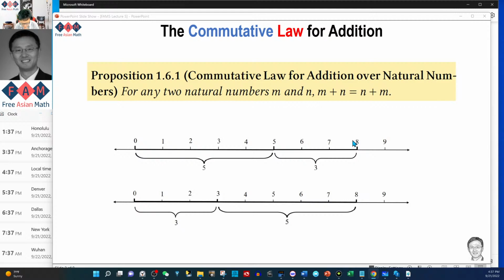Although this law applies to all numbers that you will reasonably learn before college, for now we only limit it to natural numbers. For any two natural numbers m and n, this law says that m plus n equals n plus m.